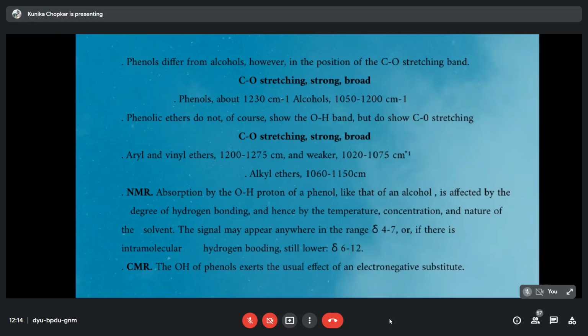The signal may appear anywhere in the range of delta 4 to 7, or if there is intermolecular hydrogen bonding, still lower, delta 6 to 12.